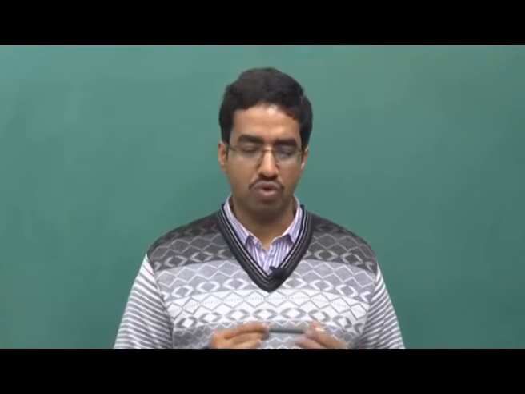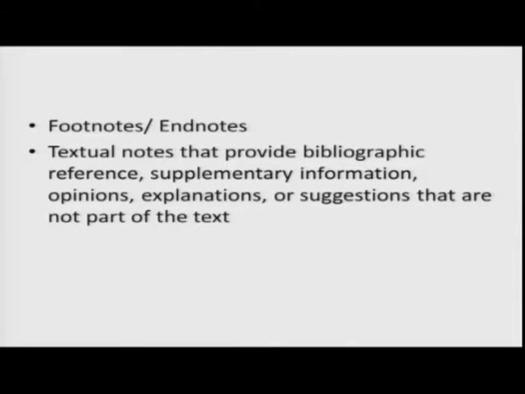One aspect which I would like to focus more on is the use of footnotes or endnotes. These are notes that provide sometimes a bibliographic reference depending on the referencing style you are using, or some supplementary information, opinions, explanations or suggestions which are not part of the main body of the text.